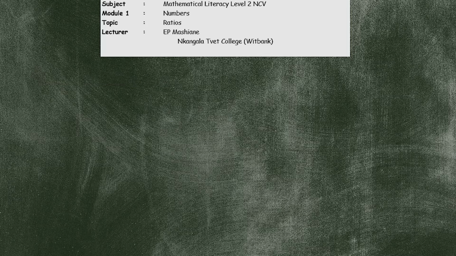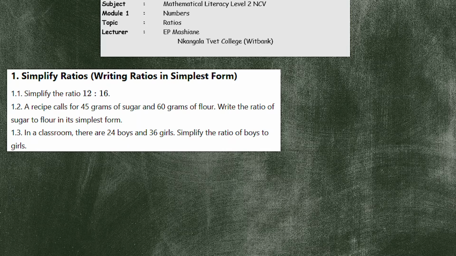So for the first one, we want to simplify ratios, writing ratios in their simplest form. So for 1.1, simplify the ratio. So the ratio is 12 to 16.